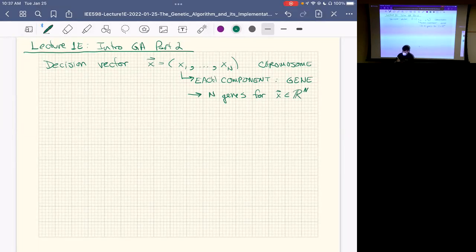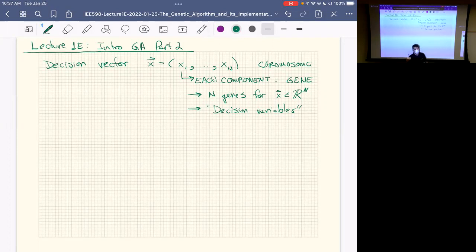And the genes you can think of as decision variables. And so the chromosome is just a collection of all the decision variables that might be of interest to you in an engineering design optimization problem.